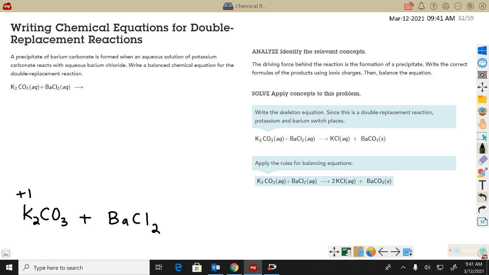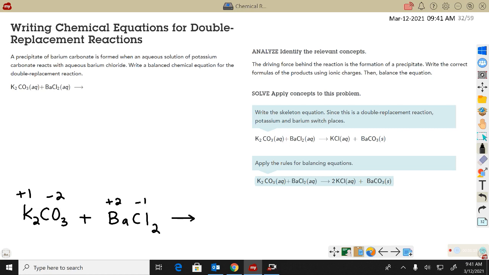If there's 2 potassium, that means there's a +2 total charge. So this carbonate is a -2. Or you can look it up on page 98. Carbonate is CO3 -2. Barium is kind of down at the bottom of group 2, so he's a +2. Chlorine is a -1.